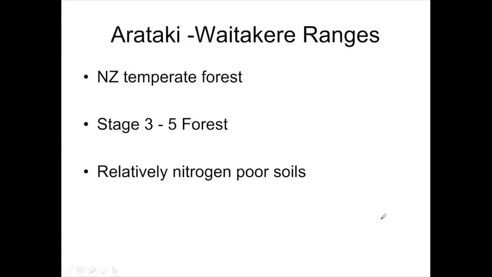So, Arataki Waitakere Ranges is a New Zealand temperate forest. It's a stage 3 to 5 forest, because there are areas in this forest which are stage 3, areas which are stage 4, areas which are stage 5. Throughout Arataki Forest, we have relatively poor nitrogen soils.